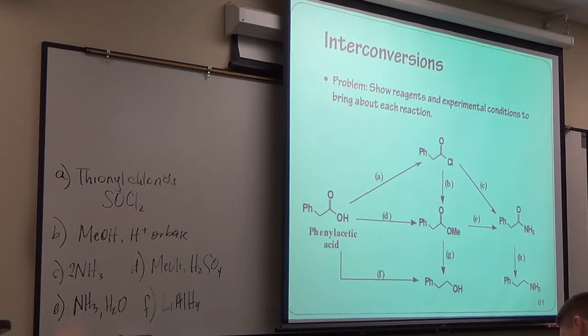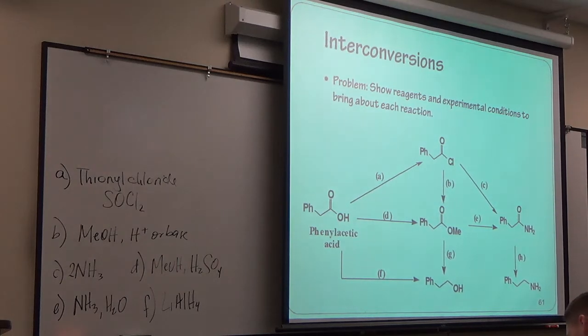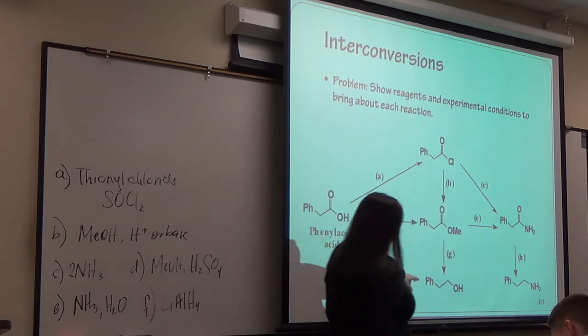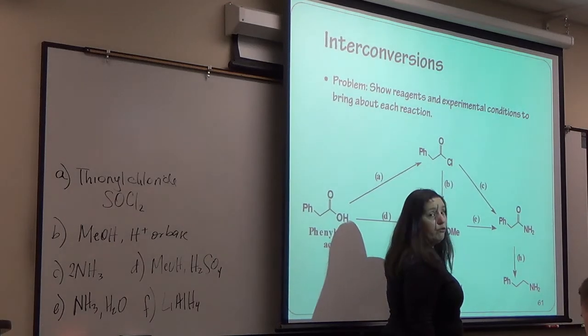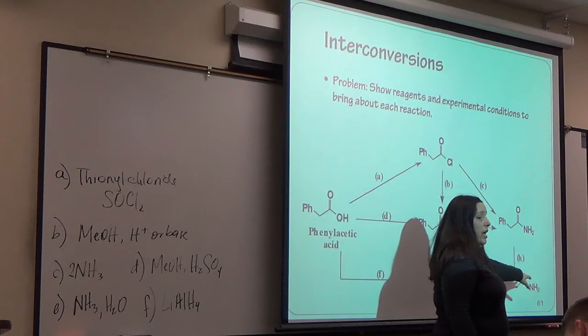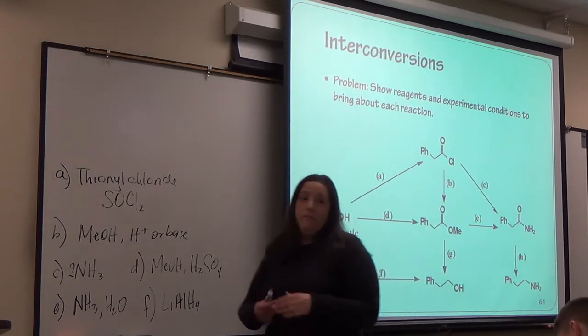And really, that's the same as G, right? And that's the same as H, right? You would use the same reagent. These are all reductions, would you agree? You're getting rid of the carbonyl by adding a reducing agent. So really, F, G, and H would all be the same. Does that make sense?